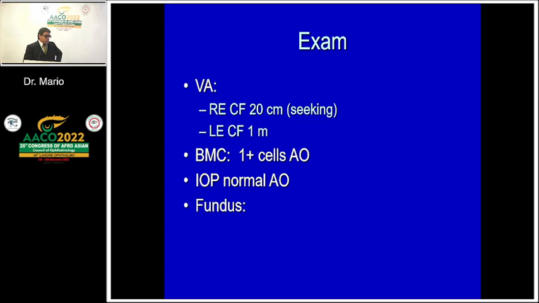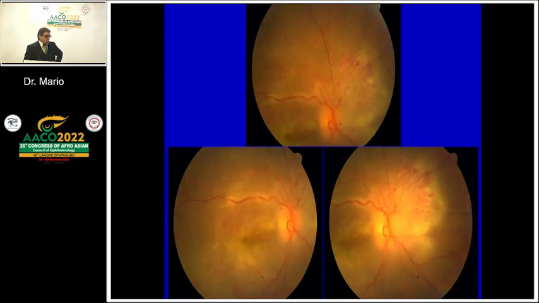At the biomicroscopy, there was one cross of cells in both eyes, and intraocular pressure was normal, and the fundus was like this in the right eye. So it was something really strange, all these whitish lesions spread, with some signs of vasculitis and something strange.